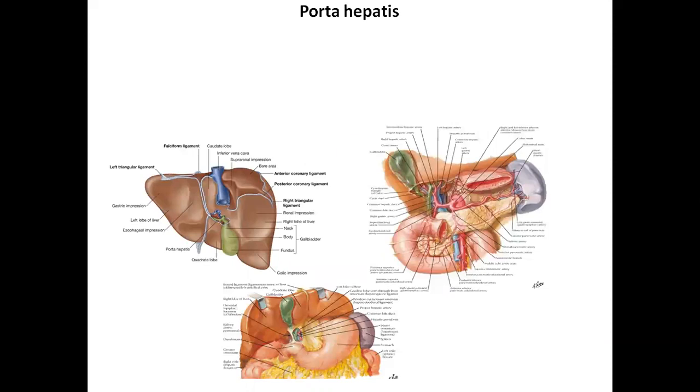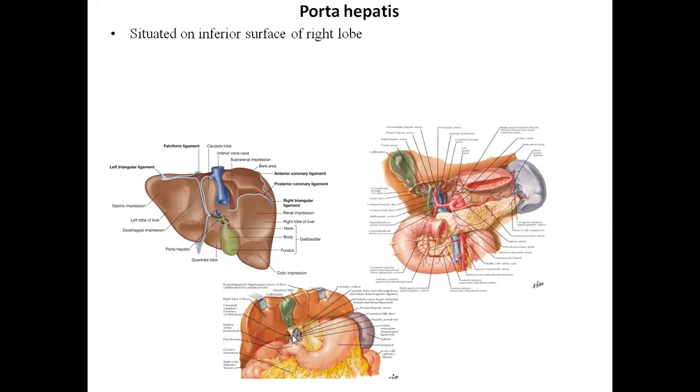What is porta hepatis? This area is the porta hepatis. This is an anterior view, but you can see here the liver has been pulled upwards to show the inferior surface. The posterior surface you cannot see here very well, but you can see the inferior surface.